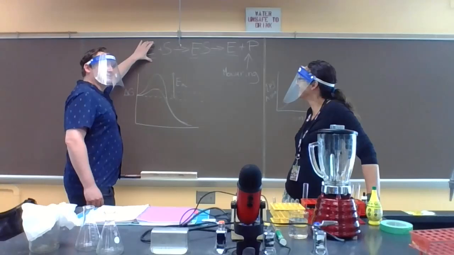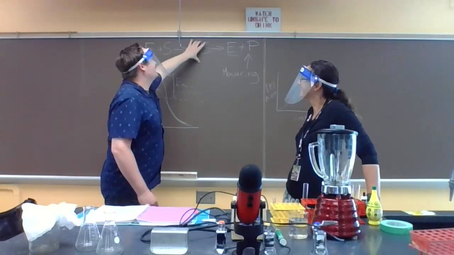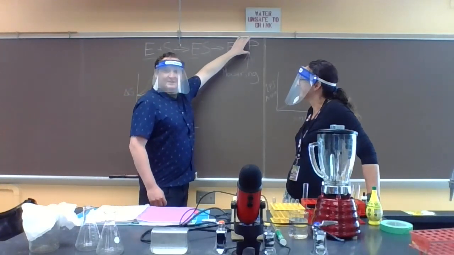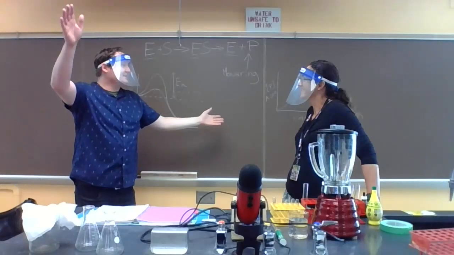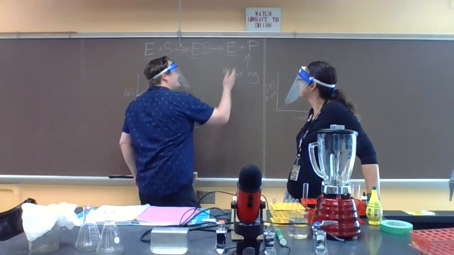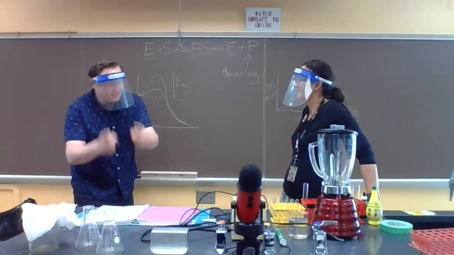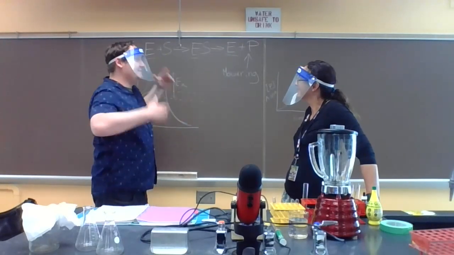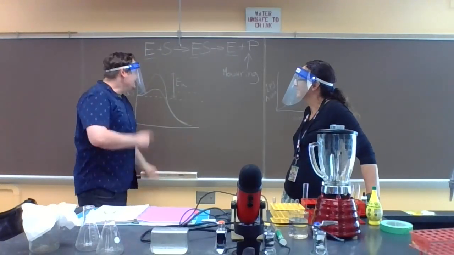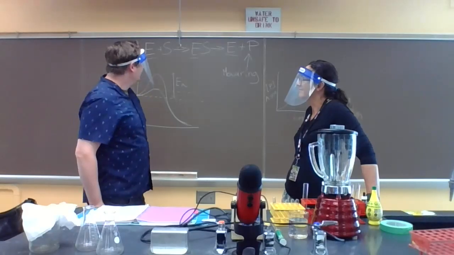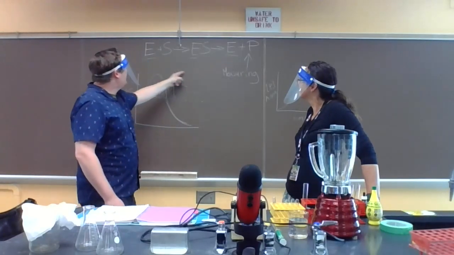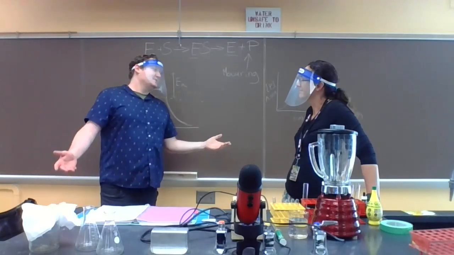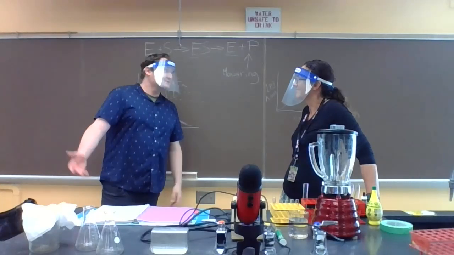So, enzyme plus substrate, enzyme-substrate complex, substrate's converted to the product, it is released from the enzyme, and now you have an enzyme and a product. Here's a key point though, the enzyme is still there. In an enzymatically catalyzed reaction, the enzyme is not consumed. So it goes right back to the beginning, binds another molecule of substrate, and converts it to product.